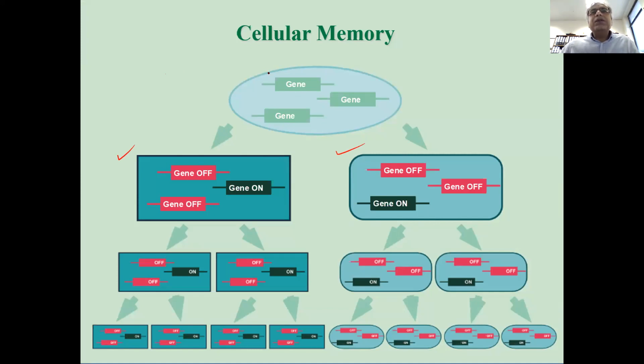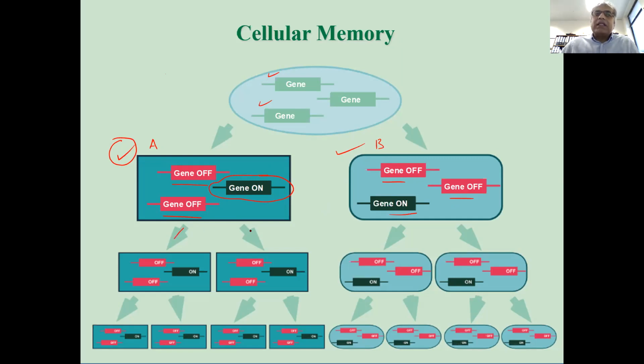Now, for this fate these two genes are to be switched off, and this is to be switched on. Let's say this is cell fate A, this is cell fate B. For B cell fate, these two genes are to be switched off, and this is the cell type specific gene which is going to give identity to this particular cell type.